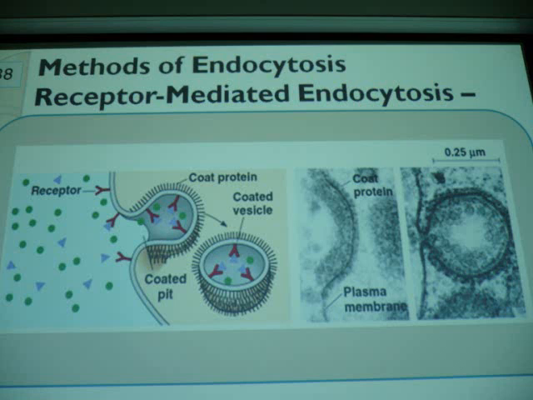On this one here, it's just luck of the draw, what comes in and what I get. On this one, I'm attracting particular ones I want to have. That's your receptor mediated. I will still get a few oddballs like the red marbles, but I want those triangular things. That's the whole reason I want the triangular things. And that's what the cell does that for. And that's your receptor mediated.